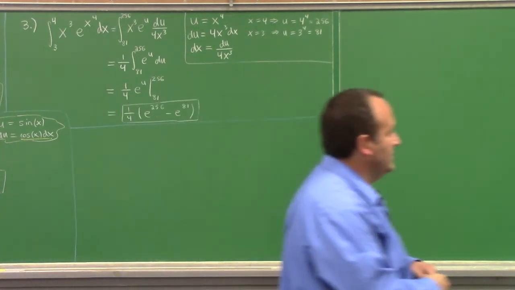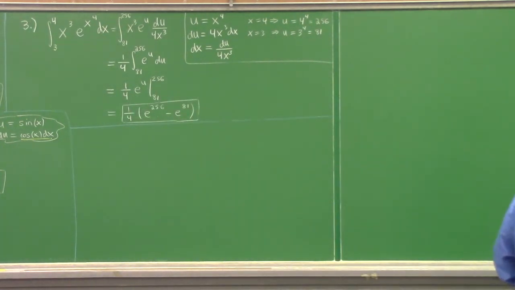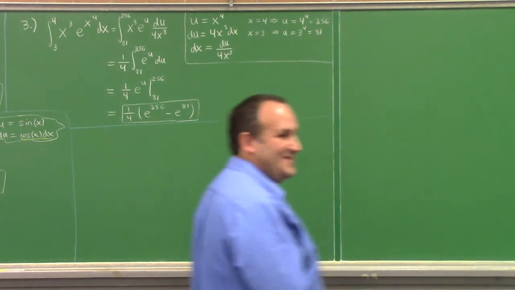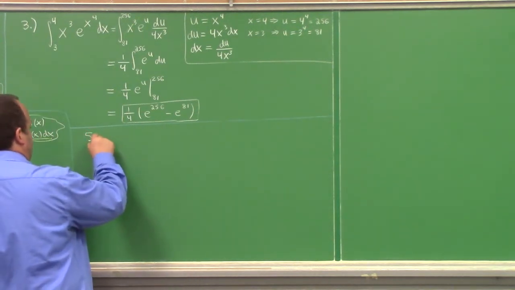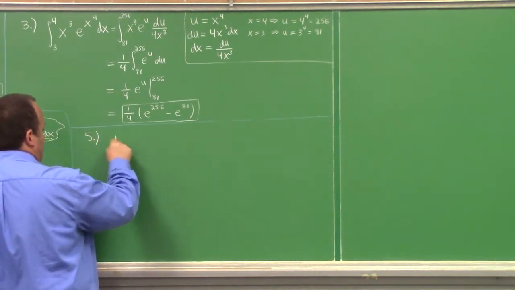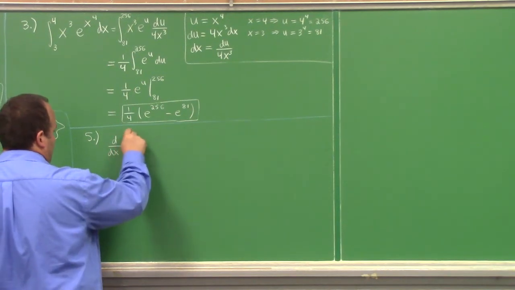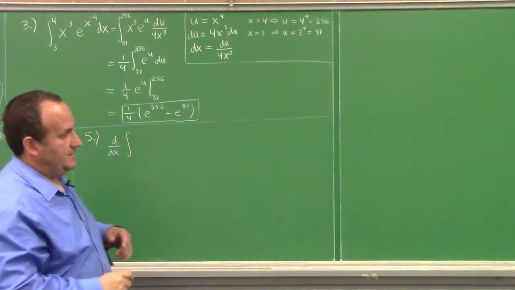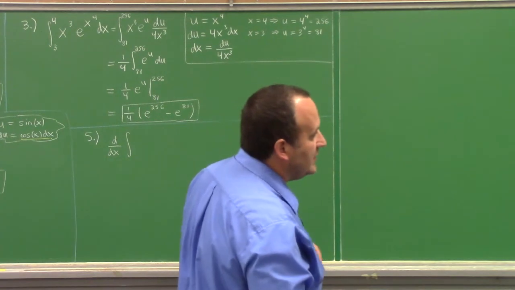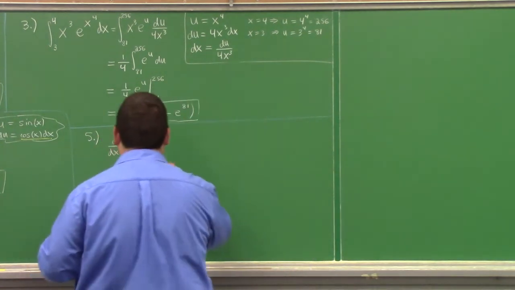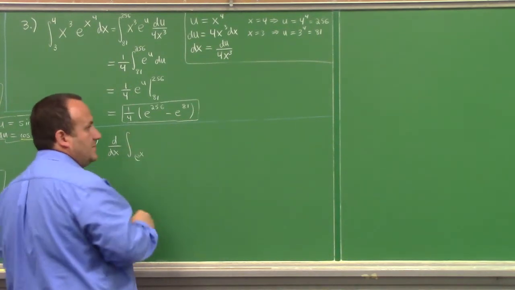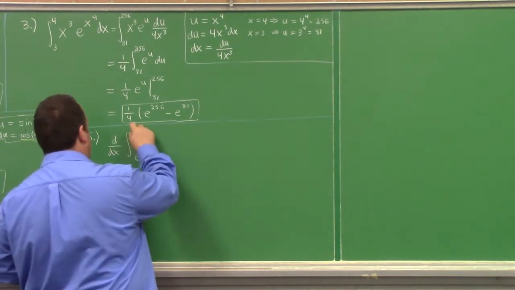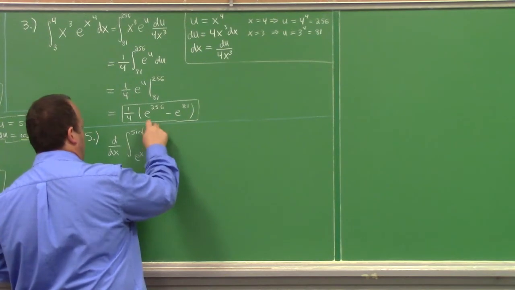Students often... I'm going to do number 5 next, just because it fits here, board space wise. Number 5 is actually really easy. It's d/dx of the integral from e to the x to sin x of some horrible function, right?